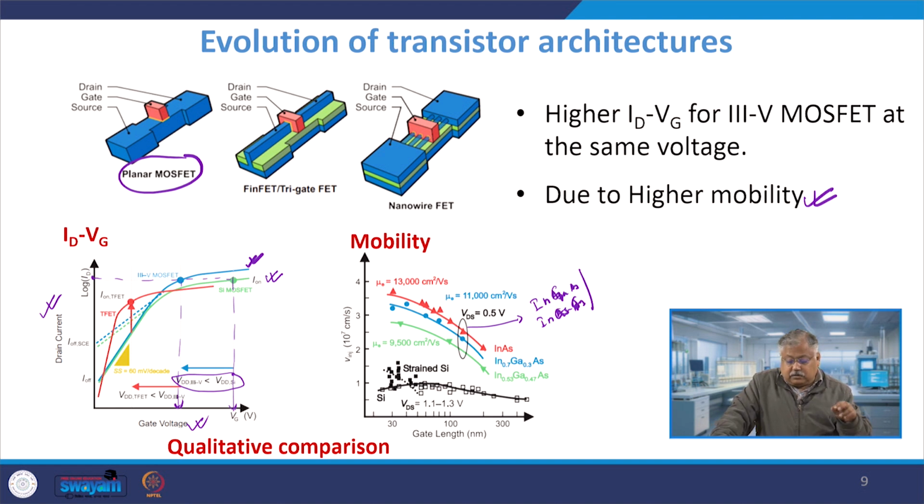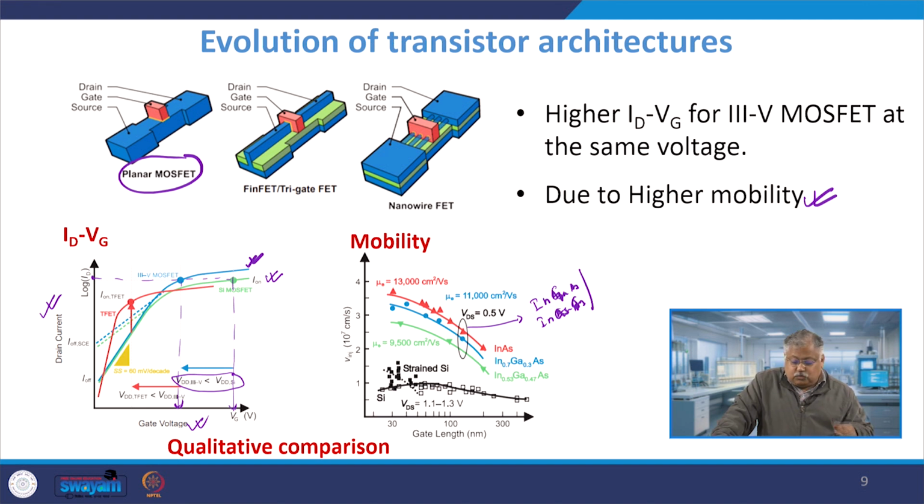If you look at the III-V material, indium gallium arsenide with gallium mole fraction of 0.3, the blue colored curve has a mobility of 11,000 centimeter square per volt second, and that with a gallium mole fraction of 0.47 has a mobility of 9,500 centimeter square per volt second, right?